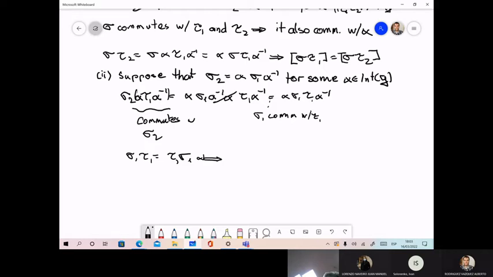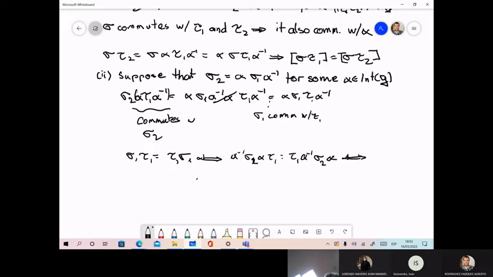And this is equivalent to saying that alpha minus 1 sigma 2 alpha tau 1 equals tau 1 alpha minus 1 sigma 2 alpha.